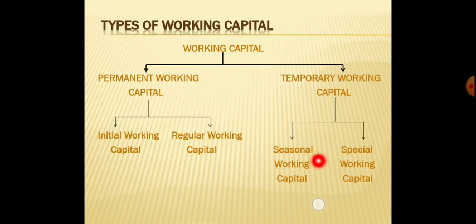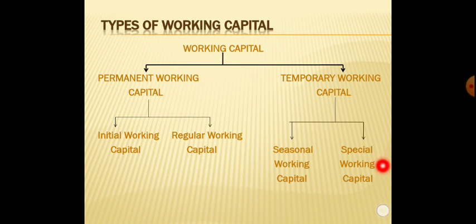These are produced in a certain period and are not available throughout the year. In these cases we have to pile up some stock of these products so that they can be utilized throughout the year by the businessman. For that, the businessman needs some extra capital to purchase such stocks in bulk.